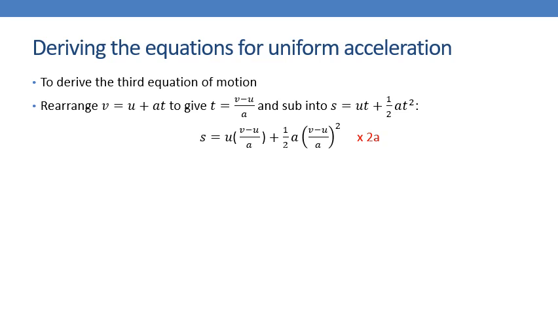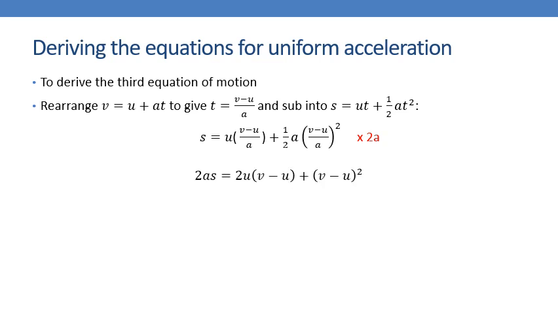So we've got u times t plus half at squared, where t is v minus u over a. So far, so simple. But then if you want to simplify that, it can get slightly difficult. One of the things you can do is multiply all of those terms by 2a, because that means you can get rid of these denominators, these dividing by a's, that are a pain in the neck for your multiplication.